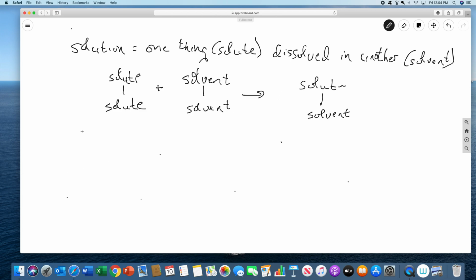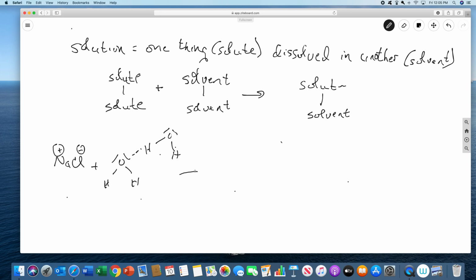Just to show you, if I take sodium chloride, which is Na plus and Cl minus, an ionic compound, and I have water. What determines whether it dissolves is if the energy gained and lost through the bonds being broken and formed cancels out.